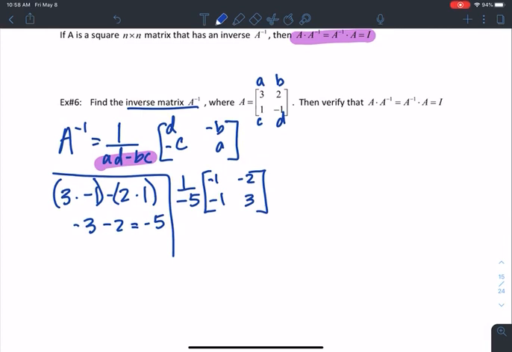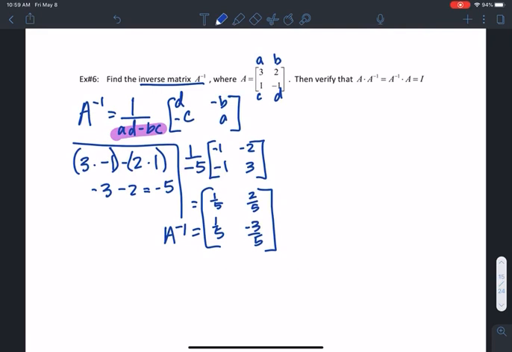All right, so now, as we saw in the last video, we are just going to multiply this -1/5 by every element. So I'm just going to distribute the fraction -1/5. So -1 over -1/5 is +1/5, +2/5, +1/5, -3/5. So this right here is the inverse of A.